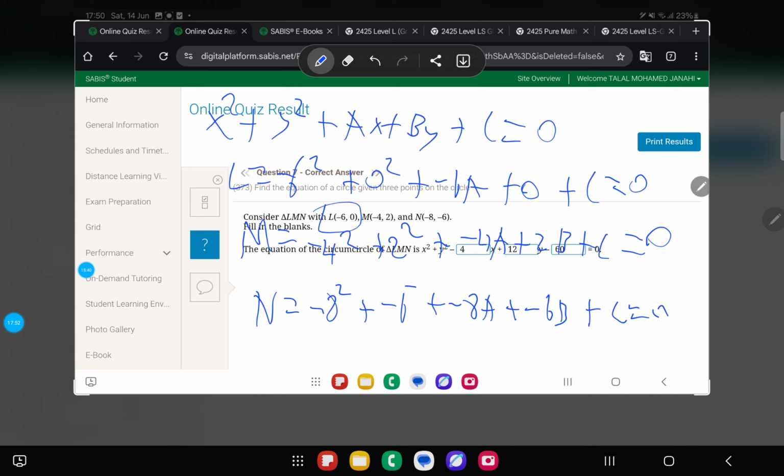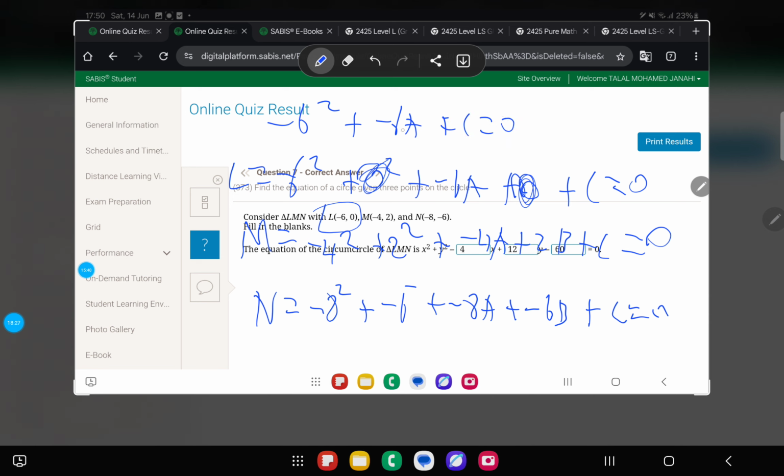Now, where do we go from here? I'm out of space, so let me make some space. Okay. Now for L, you've got negative 6 squared plus 0 squared. We remove the 0 because it's 0. Plus negative 6a plus 0 plus c, and we remove the 0 here. So we're left with negative 6 squared plus negative 6a plus c equals 0.